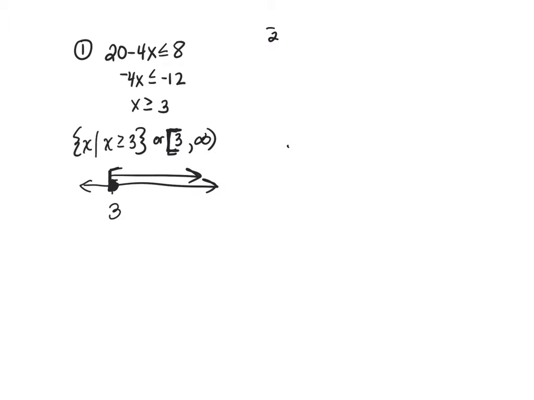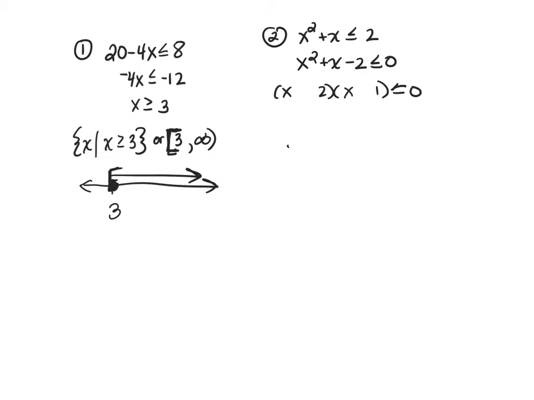Okay, question 2 says to solve the inequality x squared plus x is less than or equal to 2 and graph the solution set. So the first step is to make sure that you regroup everything to one side. Second step, find your roots so you can create your test values. So factors of 2 that give you 1, or 2 and 1.